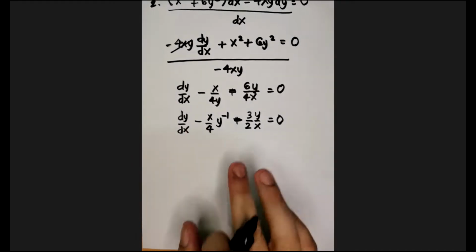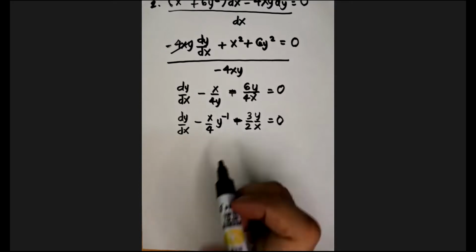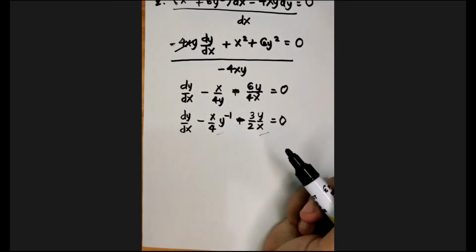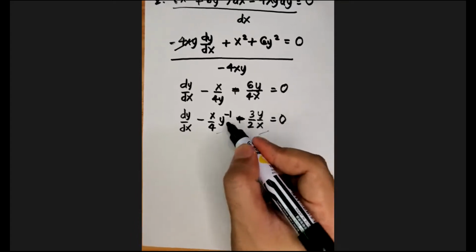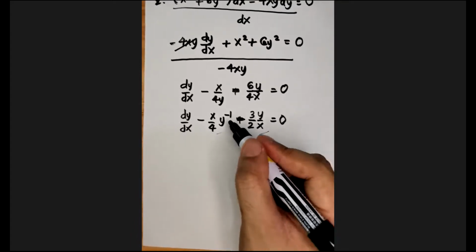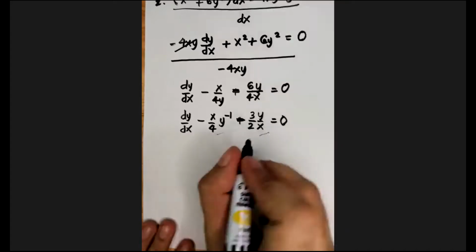Hey class, ngayon, ano yung transpose natin sa kabila? Siyempre, kailangan yung may linear na y, siya yung magstay dito sa left side. So, yung isa, siya yung mag-move dun sa kabila.